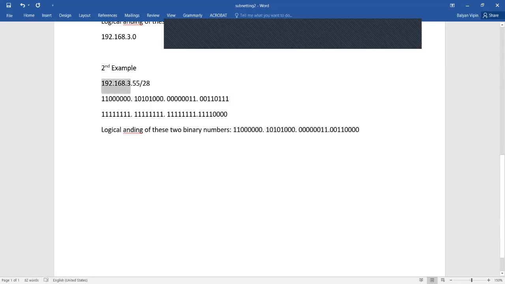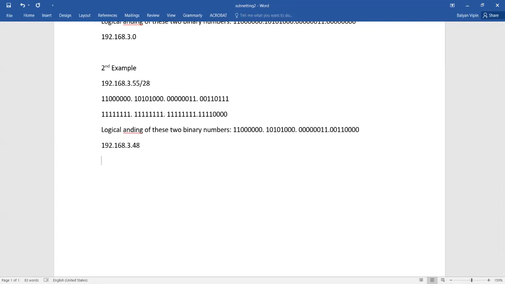We only need to find the last part of the network address, which is this octet. So you can say it's 1, 2, 4, 8. So up to this point it's 8, then 16 plus this one is 32. So this is 48. That is the network ID of the network to which this IP address is connected, or maybe this IP address is a host among those hosts which are in that particular network.